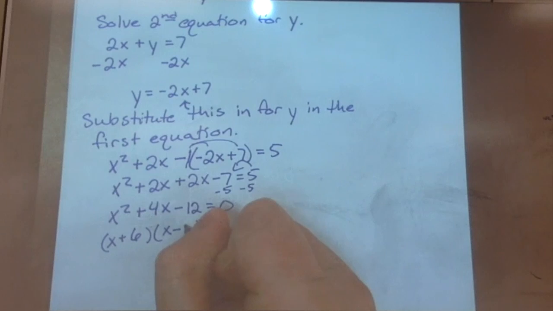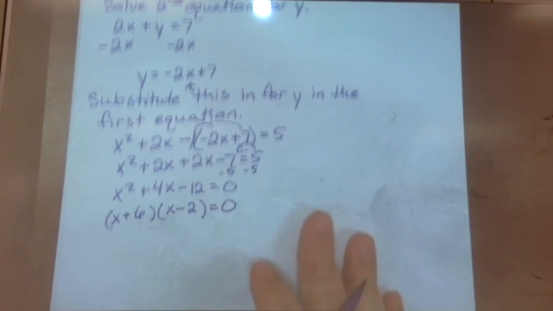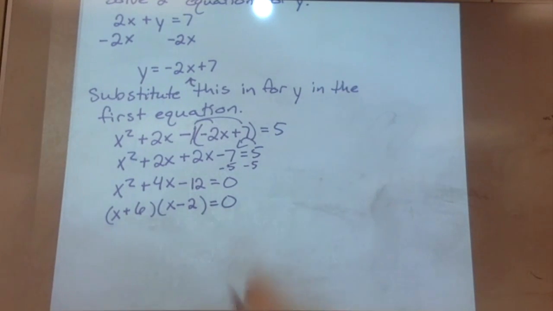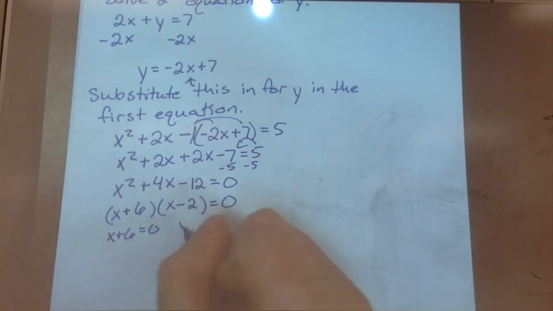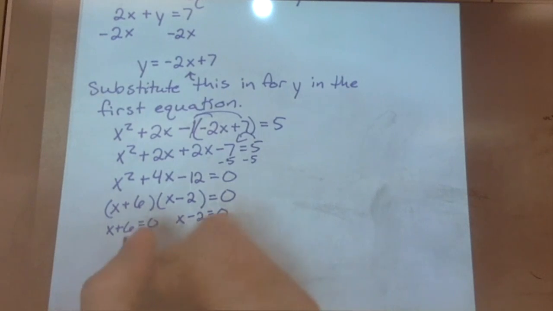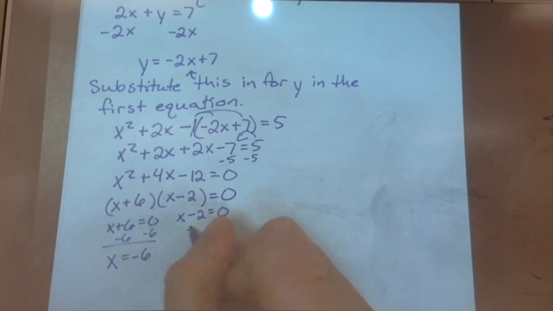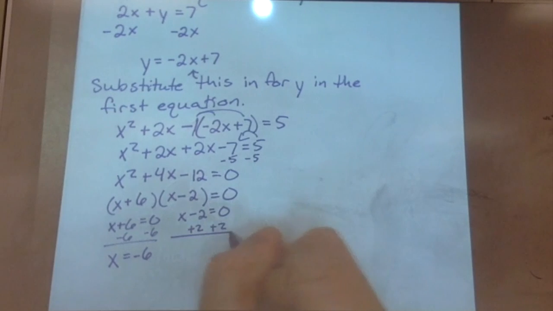So 6 and 2 are going to go there, and that's equal to 0. To find x, I'm going to take each set of parentheses, so x plus 6, and set them equal to 0. x plus 6 equals 0, x minus 2 equals 0, and solve both of those for x. So subtract 6 from both sides, so x equals negative 6. Then on this one, add 2 to both sides, x equals 2.